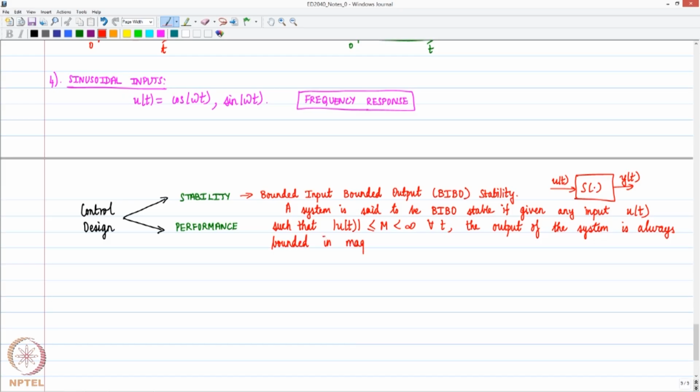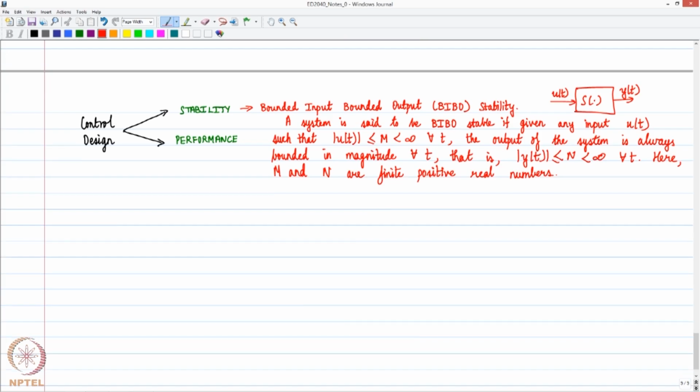That is, the magnitude of y of t is less than or equal to some n less than infinity, for all t. Of course, here m and n are finite, positive, real numbers. So this is the notion of bounded input, bounded output stability. That's what we will consider in this course.